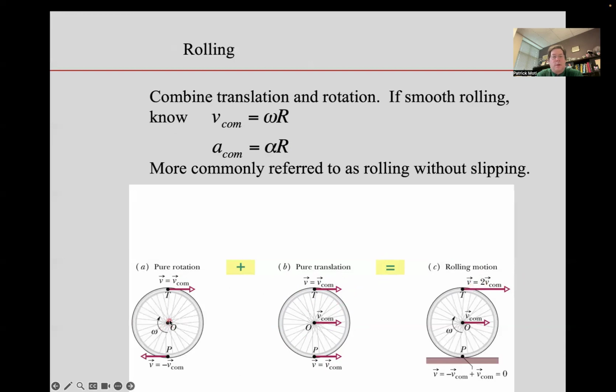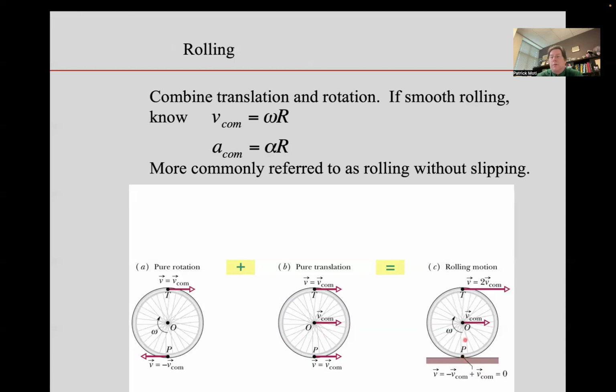At the center of the wheel, 0 plus v-com is going to give me v-com to the right. And then at the bottom of the wheel, the point in contact with the ground, rotation gives me minus v-com, translation gives me plus v-com, and so the point of contact between the wheel and the ground is at rest instantaneously. Its velocity is 0.